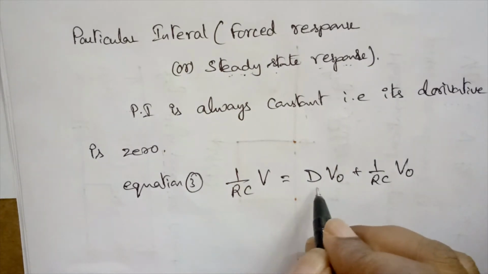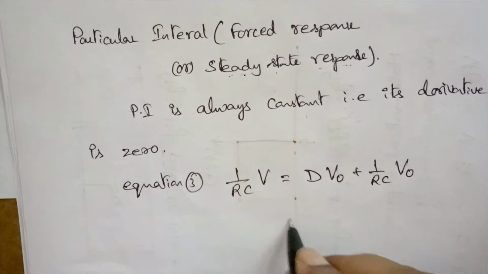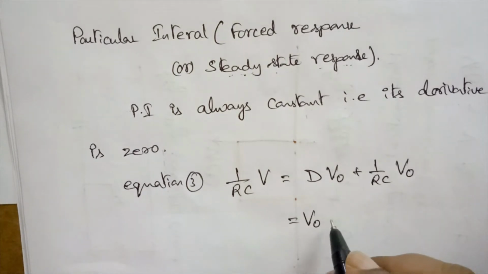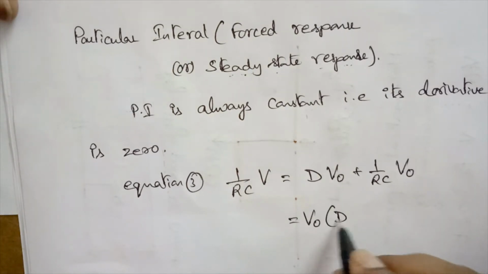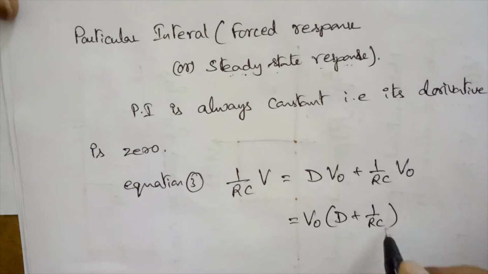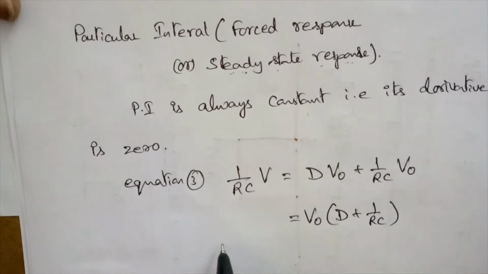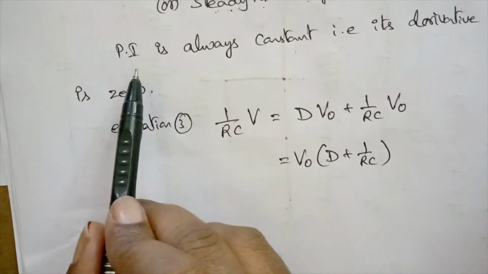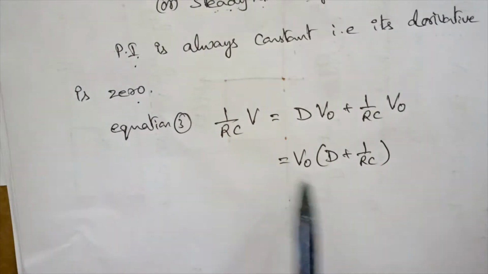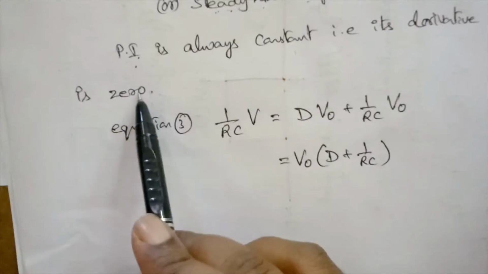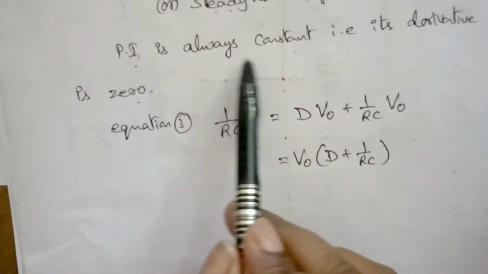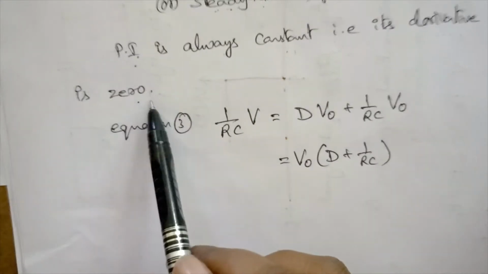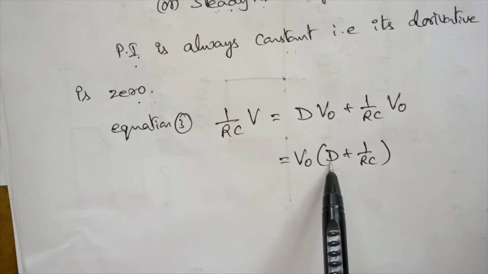Here D represents the derivative. If I take V0 common, it becomes D plus 1 by RC. Now substitute D equal to 0 so that we get the particular integral. Why are we substituting D as 0? Because if the particular integral is constant, its derivative is 0. Therefore I substitute D equal to 0.